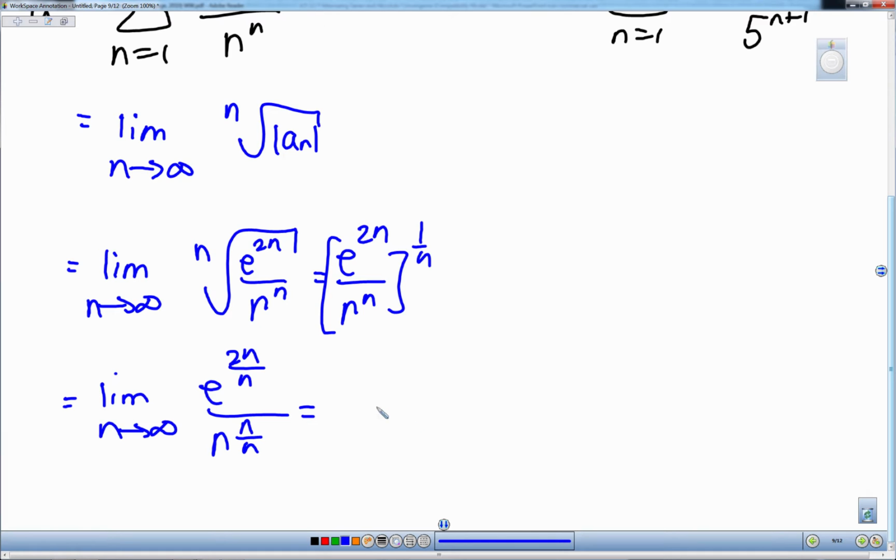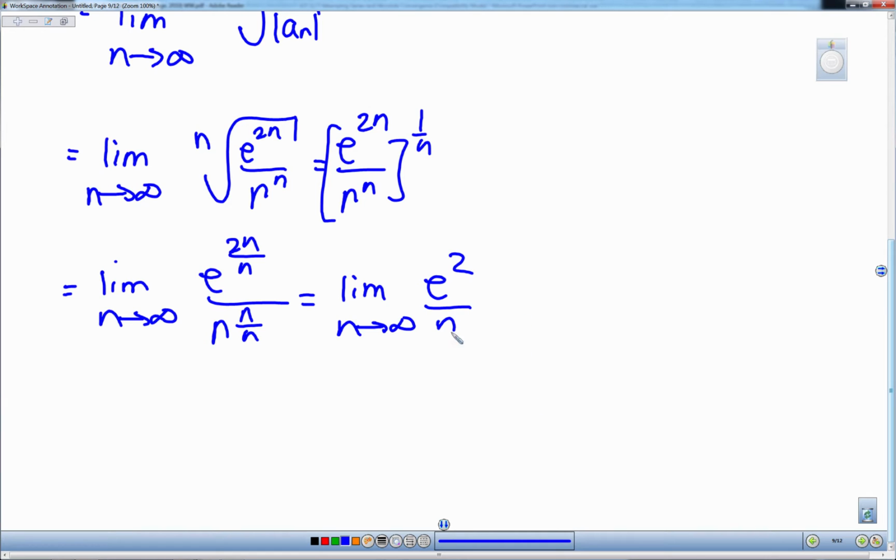What we're left with is the limit as n approaches infinity of e squared over n. Well, principle of dominance here: e squared is just a constant value, and the bottom is going to approach infinity. So the bottom's bigger than the top, and this limit equals 0.